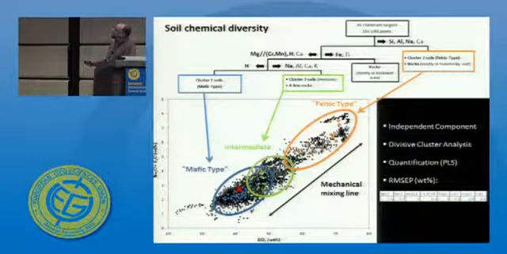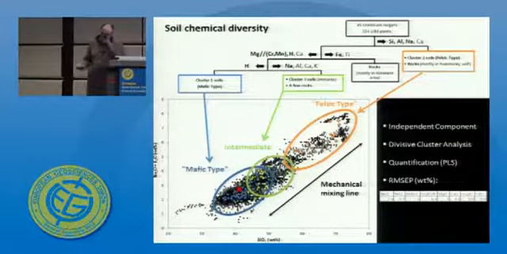And in this branch, we have two groups that separate. One is enhanced in hydrogen, the other one in sodium, potassium and aluminum. This is an intermediate group. And the final group, which is the mafic type group, has low silicon and is enriched, as I said, in hydrogen and magnesium.